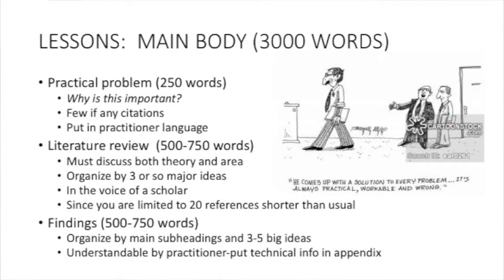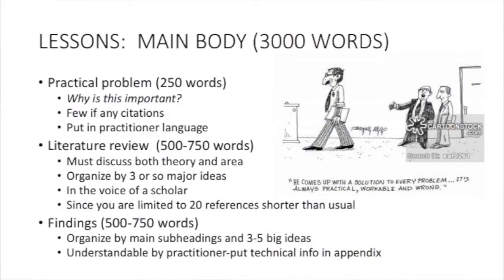The main 3,000 words out of the 5,000 words is in the main body of the paper, but that is not a lot of space to make too many points. So I've put in here, just to be helpful, some approximate word limitations.